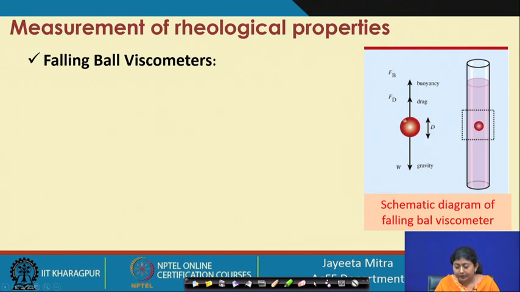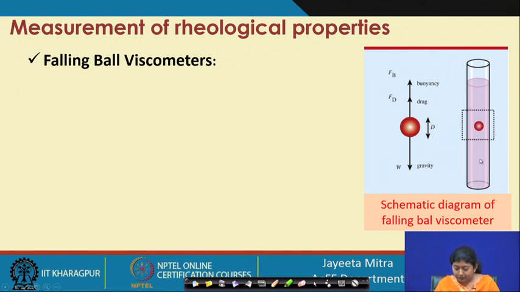However, in the equilibrium condition, the forces will be balanced and the ball will come down with a constant velocity. It will not accelerate. That velocity is considered the terminal velocity.